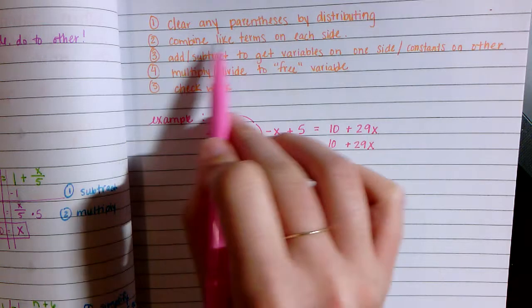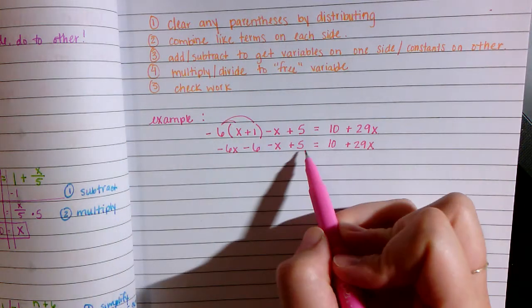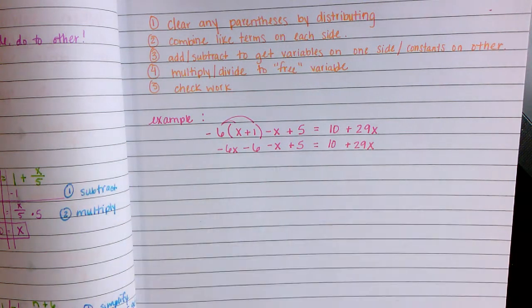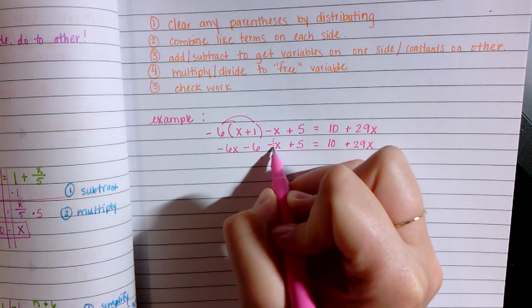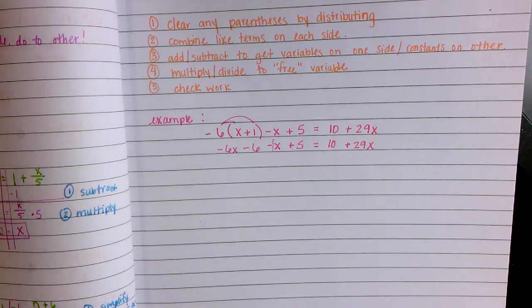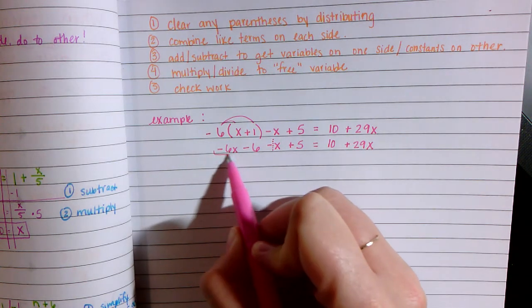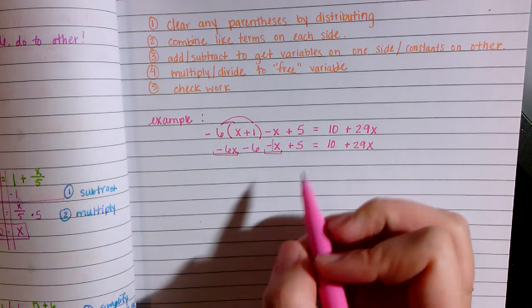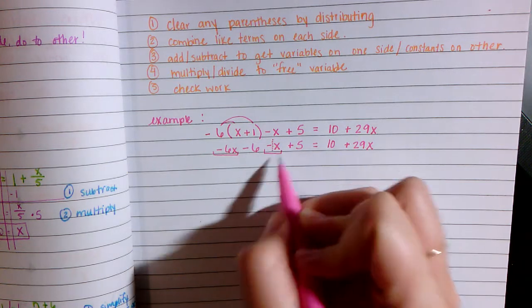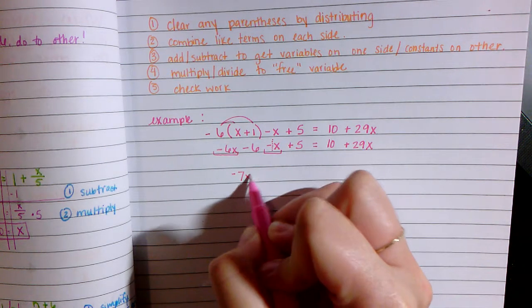Now, at this rate, it says combine like terms on each side. So on this side of the equal sign, is there anything that I can combine? And it looks like it. If you want to put your invisible 1 right there to help you, right here I see a number with an x, and right here I see a number with an x. So I can combine those. -6x and -1x is -7x, right?